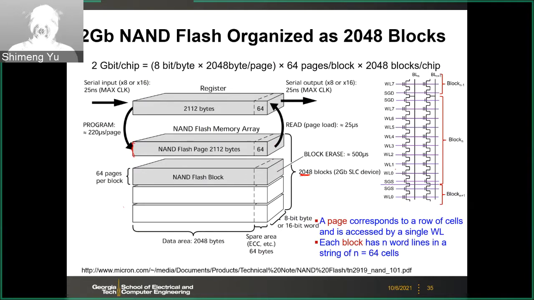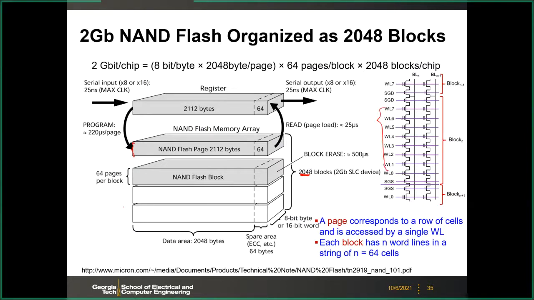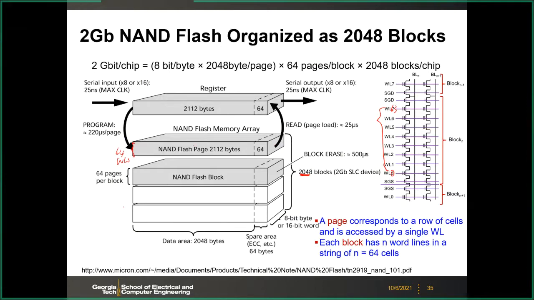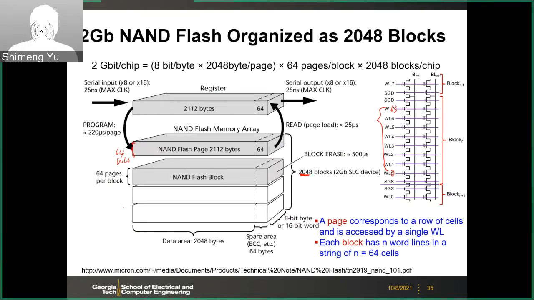If you look at the real transistor schematic, that means this will be from 0 to 63. So in total, you have 64 word lines in one block. And then on the horizontal side, the number of bit lines can be a very large number.